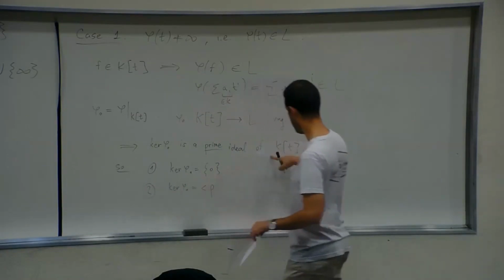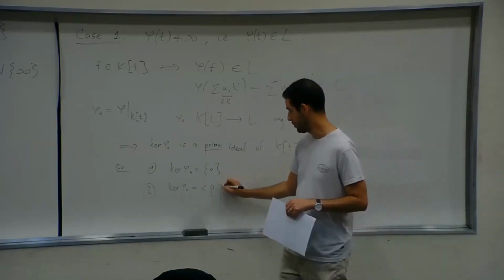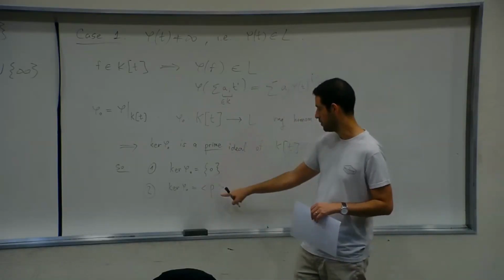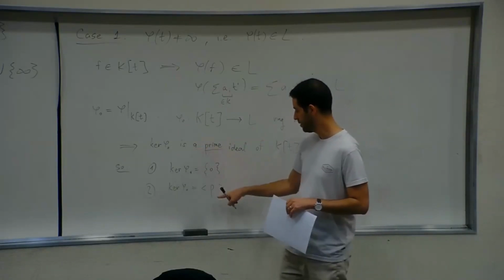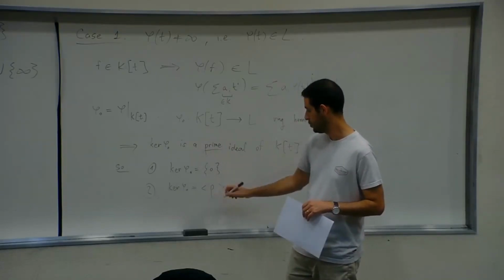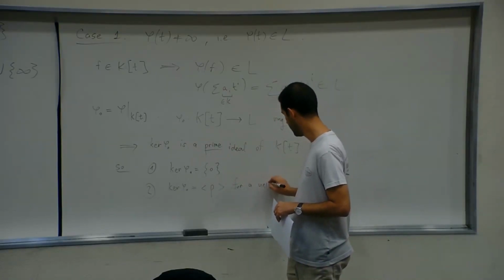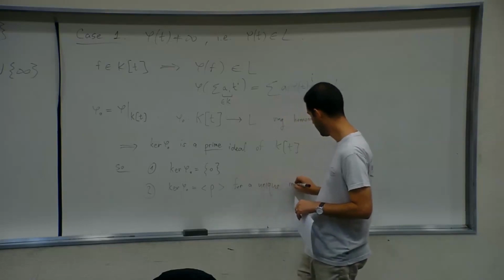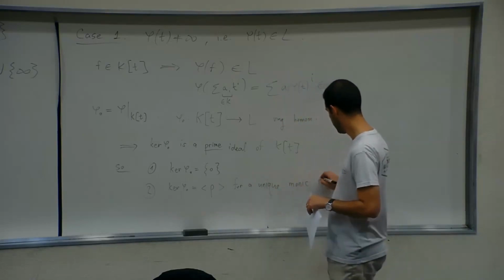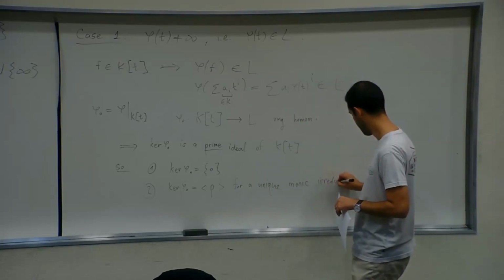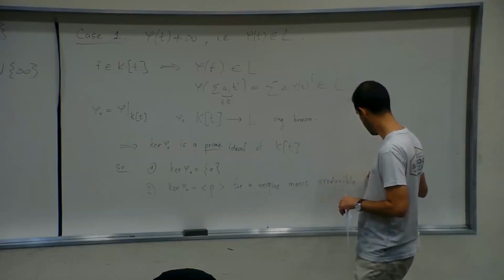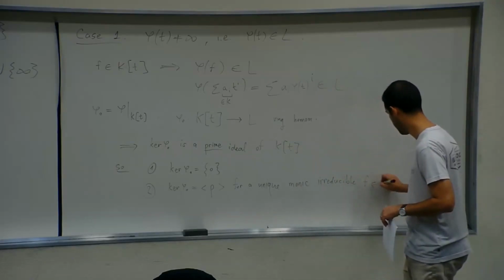K[T] is a PID, so every ideal is generated by one polynomial, but for a prime ideal, what is its generator? Right, a unique monic irreducible polynomial.